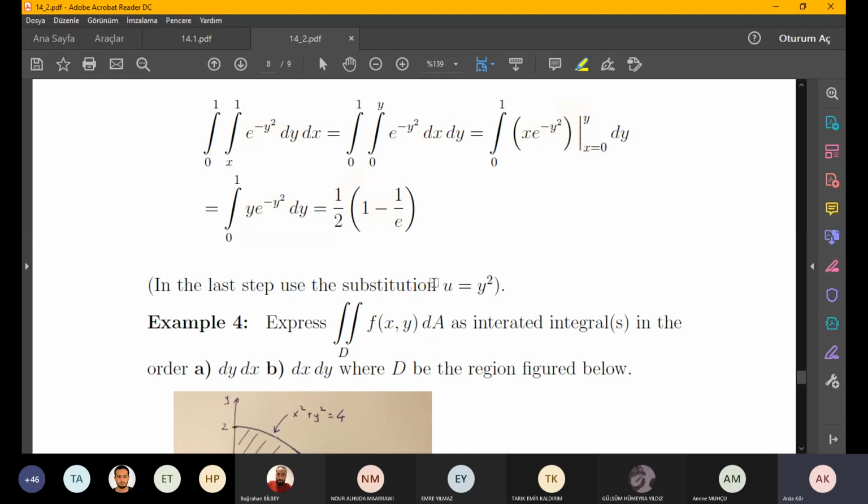And also here in the last step you use the substitution method, where you substitute u as y squared.